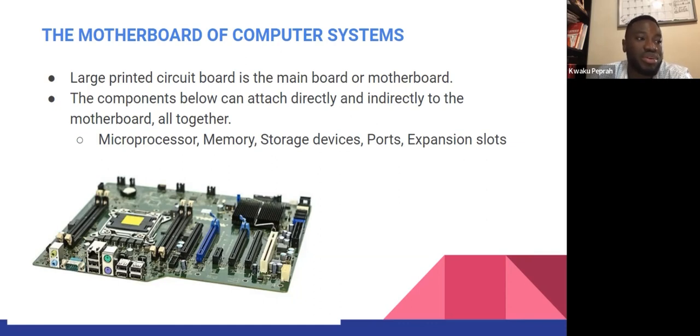The components below can be attached directly or indirectly to the motherboard: the microprocessor, the memory, storage devices, ports, and the expansion slots. All of these can be connected to the motherboard to give the computer life so that it functions properly, and you can use it for whatever activity you want.